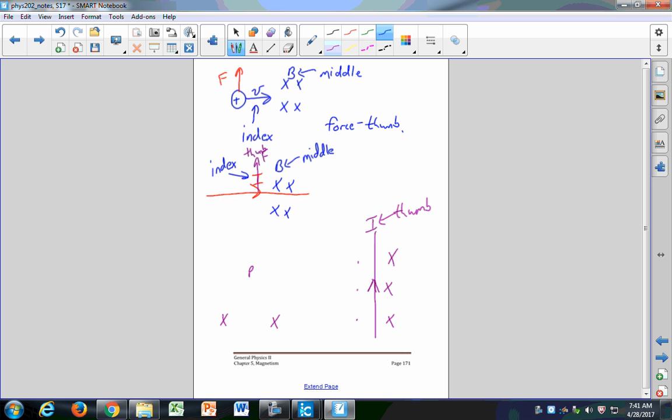Around this wire right here, thumb into the page, it's going to go clockwise like that. So at point P, my magnetic field is going to look like that, tangent to that circular magnetic field. Due to this wire, it's also going to go clockwise like that, and so at this point my magnetic field looks like that. So my net magnetic field is going to be to that side.